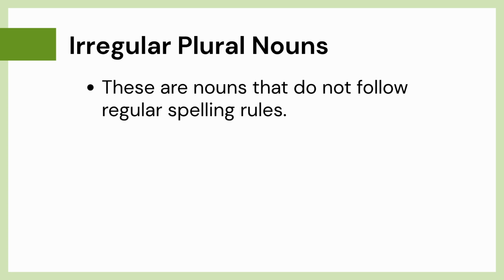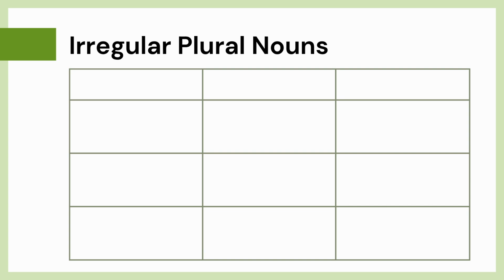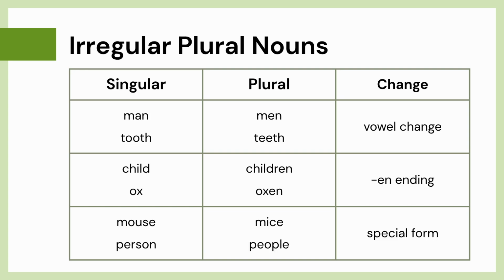It means that some nouns share the same pattern, like a vowel change in man to men, or having the same ending, such as children, oxen. Some nouns have a completely different form from their singular form, such as mouse to mice, or person to people, like what we saw earlier.